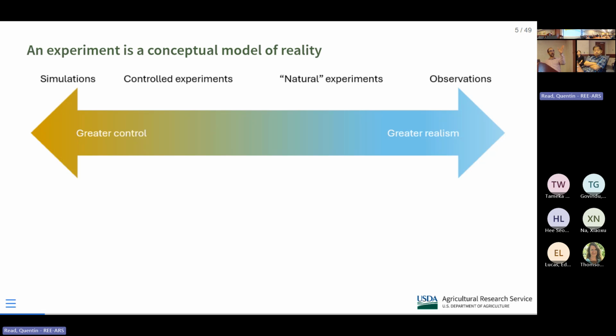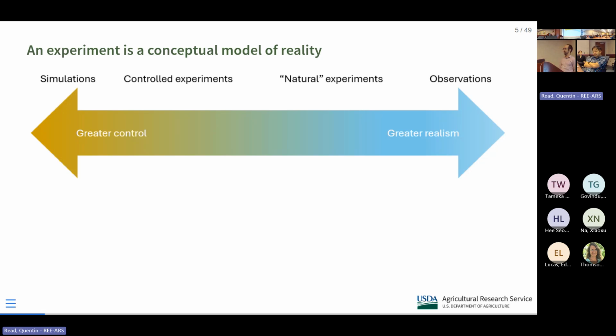And there's sort of a hybrid between experiments and observations, which some people call natural experiments. That would be something where, if something happens in the real world, you can act like it's a randomly controlled experiment, even though it's not.